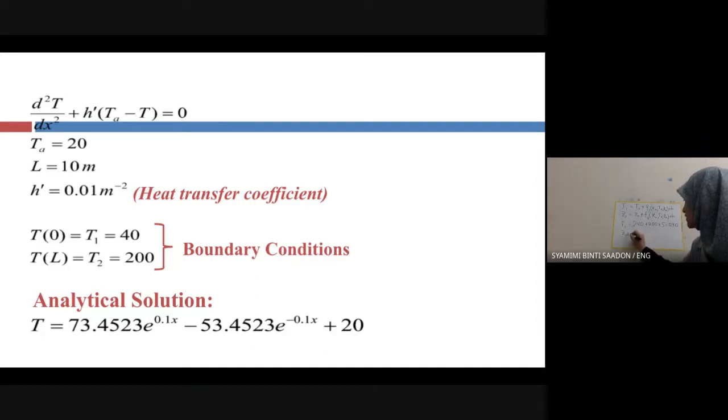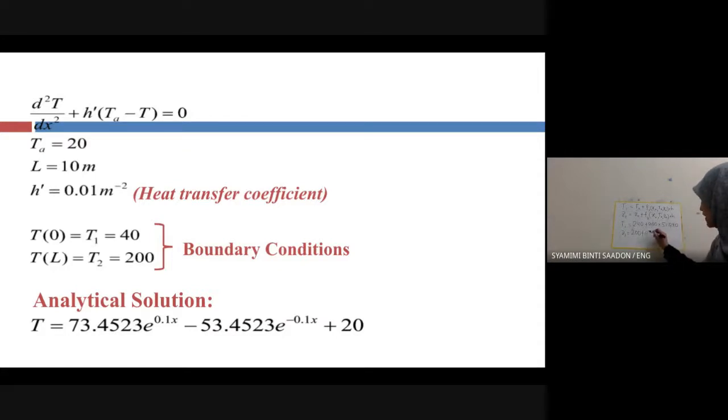Z1. Z0 is what? Z0 just now is the T prime. Z0, T prime 0, which is 200, that we have assumed. Okay, 200 Z0 plus, okay, the equation F2 is 0.15 T just now.